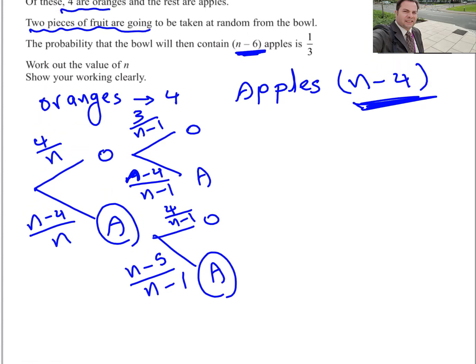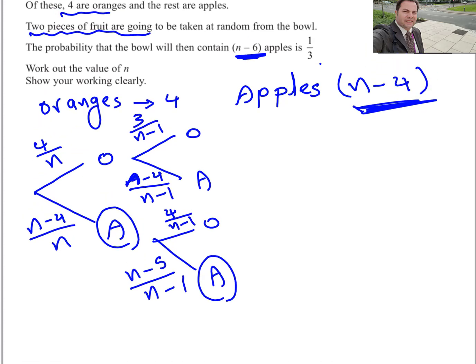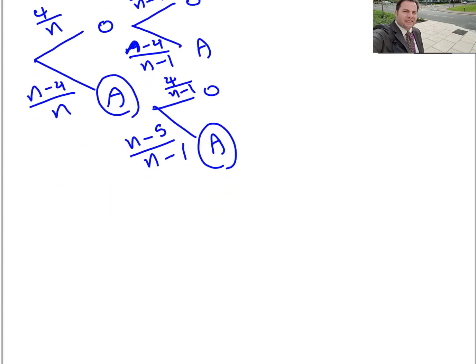So the probability of 2 apples is equal to a third. The probability of apples is n minus 4 divided by n, multiplied by n minus 5 divided by n minus 1, is equal to 1/3. Simplify this equation.